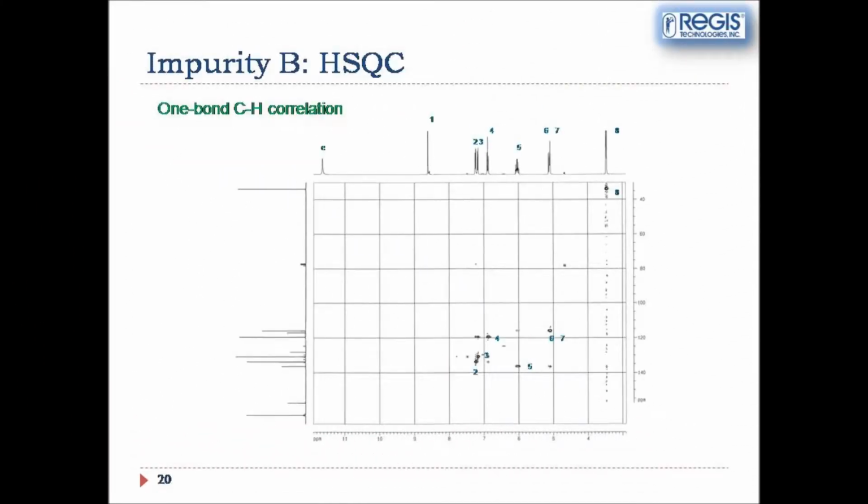From the HSQC spectrum, we have, again, very good one-bond CH correlation, and we can identify connections of carbons and protons from this spectrum.